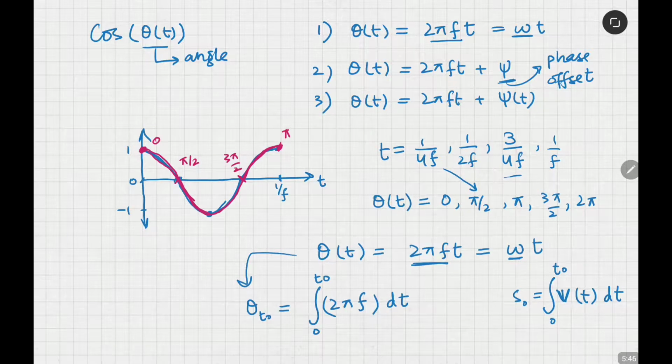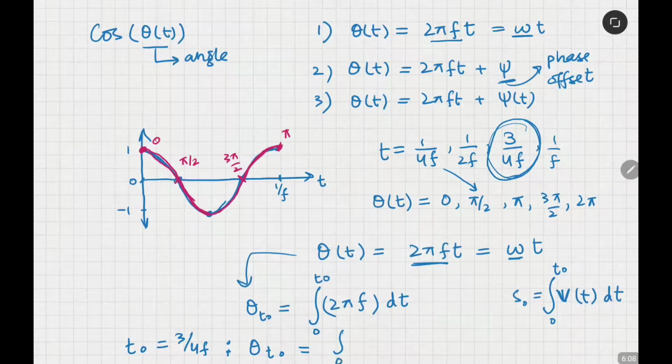Now let's solve this for our example of t naught. Let's say we consider t naught to be equal to 3 over 4f. So for t naught equal to 3 over 4f, what will happen to theta of t naught? This will be equal to the integral from 0 to 3 over 4f of 2 pi f dt.